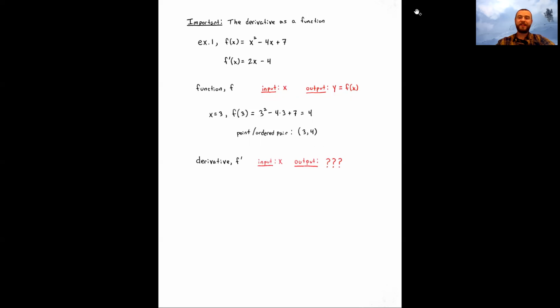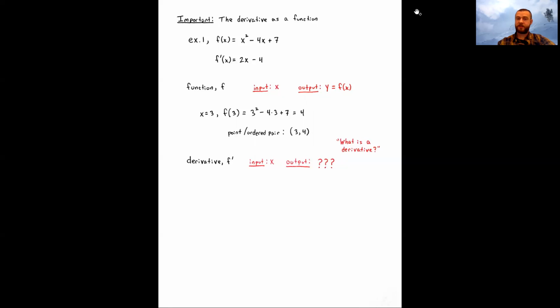How do we interpret now the derivative as a function? Now, the notation we've been saying is f prime of x. So again, we're going to plug in as input x, representing a real number. What does the derivative represent? We could reword this as us asking right now, what is a derivative?